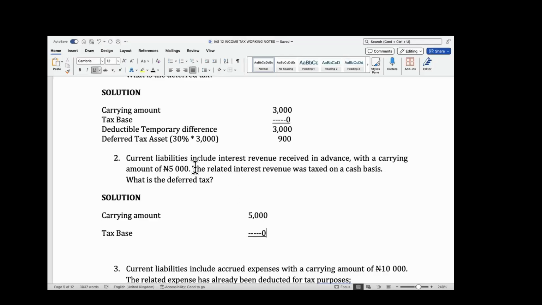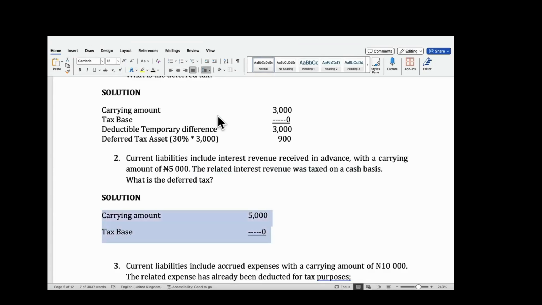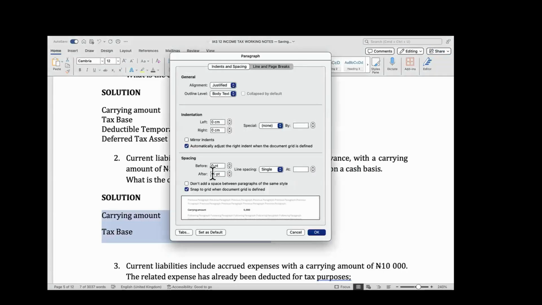So they said the related interest revenue was taxed on a cash basis. This one is different from one they are just including in your taxable profits this year. It is a situation where they have already taxed it in the previous year. So as far as this year is concerned, the tax base is zero, because the focus is: how much is the taxman capturing this year?